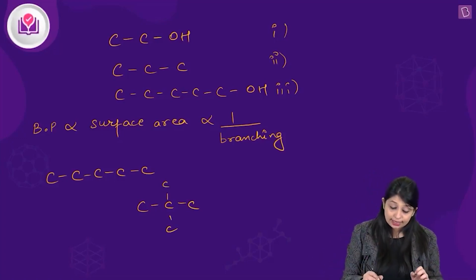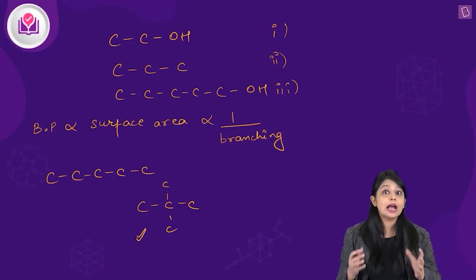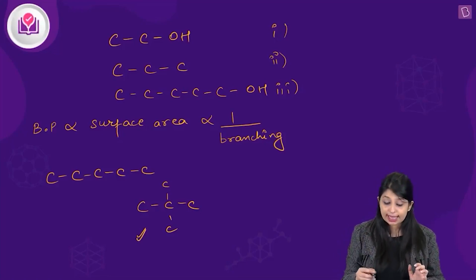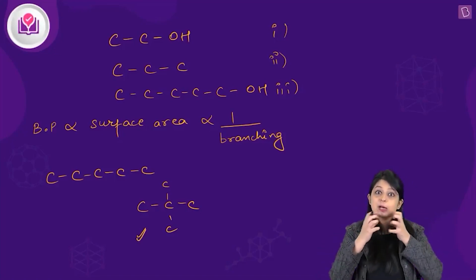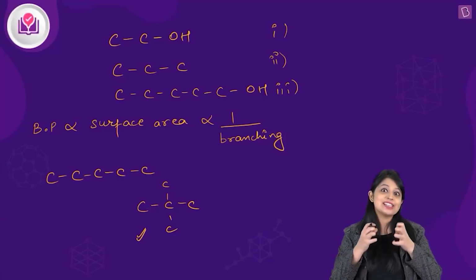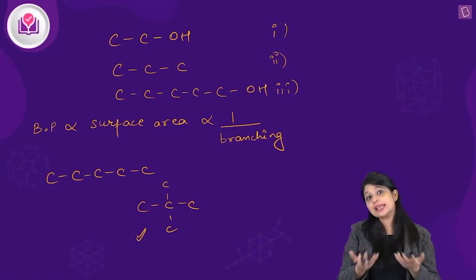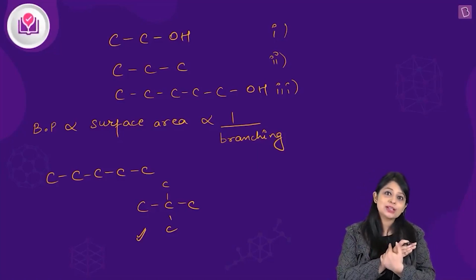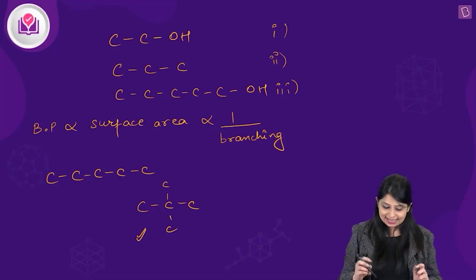So in this case, the case that we have is 2,2-dimethyl propane, right? In this case, there is branching. The molecule is compact. Surface area is less, so van der Waals interactions are less. Then you have to give less heat to break those interactions. That means the boiling point is less.